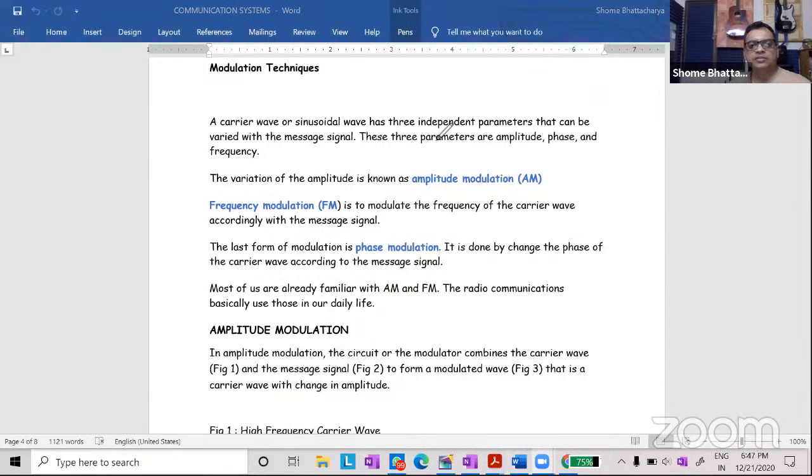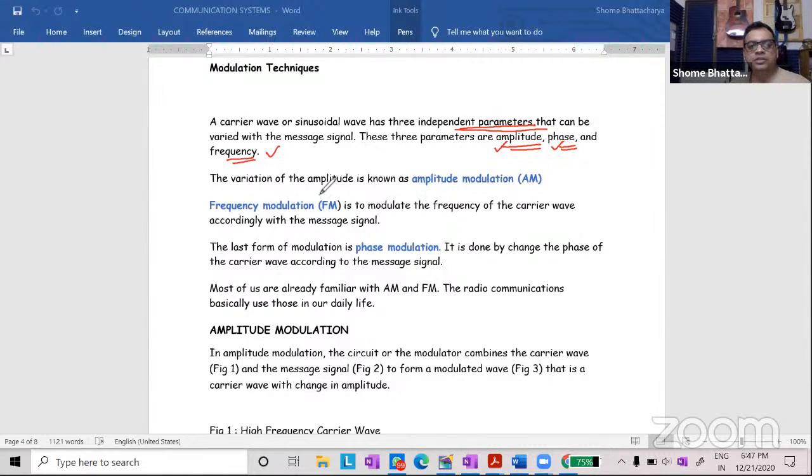A carrier wave, like any sinusoidal wave, has three independent parameters, which are the amplitude of the wave, the phase, and the frequency. Information from the input signal can be used to modify any one of these three, either the amplitude or the phase or the frequency.